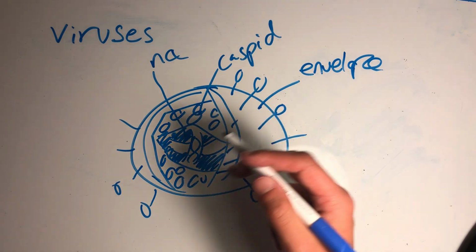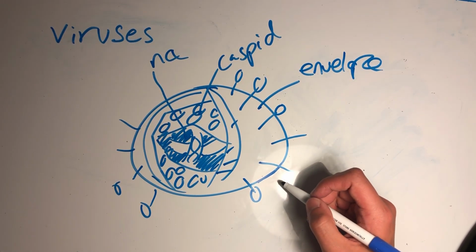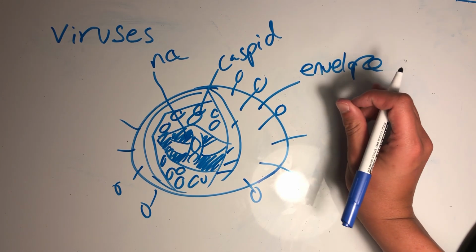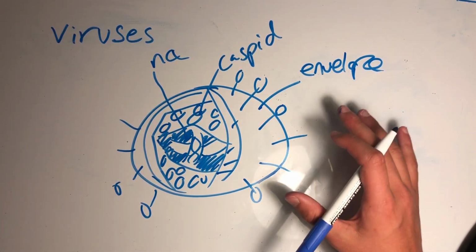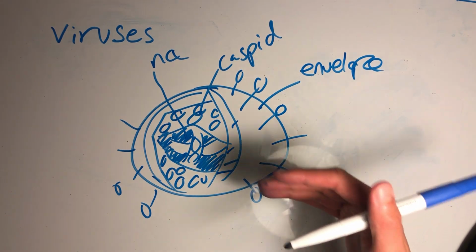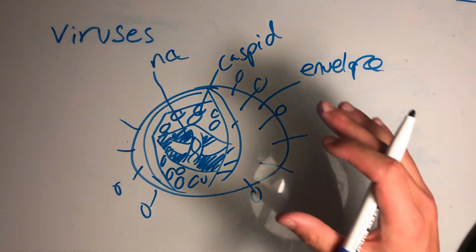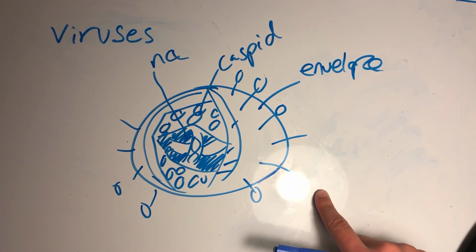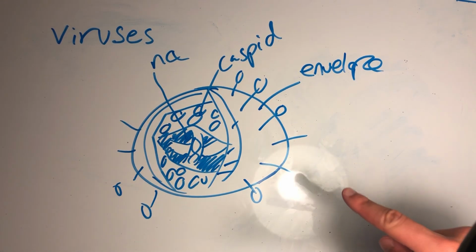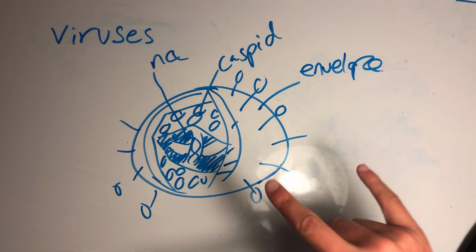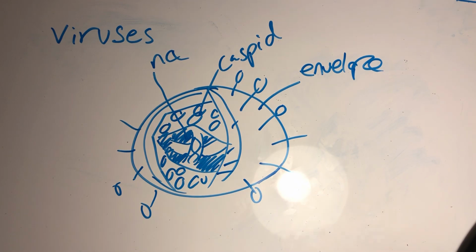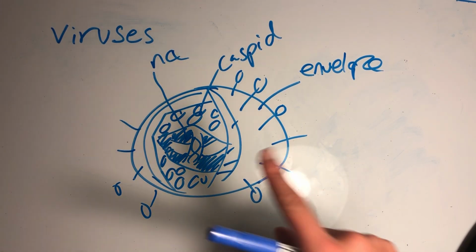For example, if the spikes touch some of the cells, they can identify which cell it is, because not all viruses can go to specific cells. I'll go through that a little bit later. But basically, it is really good to help identify which kind of cell it's trying to attack, or which one it can attack. So that's good for them in that case.